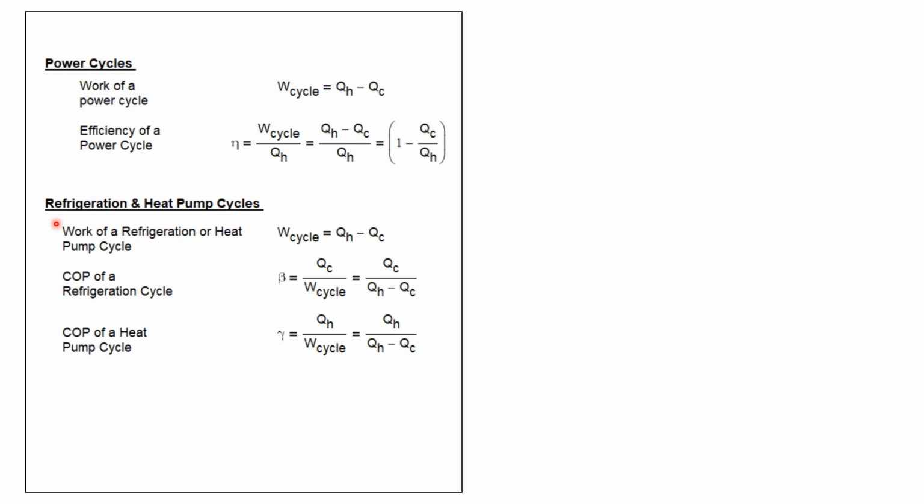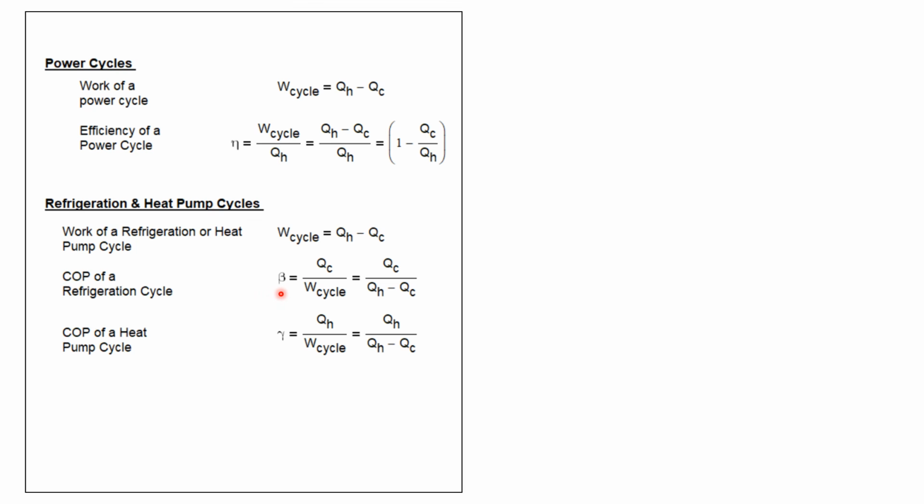Now we also took a quick look at refrigeration cycles and heat pump cycles. And interestingly enough, the energy balance for refrigeration or heat pump cycles gives us exactly the same equation as we got for a power cycle energy balance. And that is the work of the cycle is just QH minus QC. Now for a refrigeration cycle, we don't have efficiency, we have a coefficient of performance.